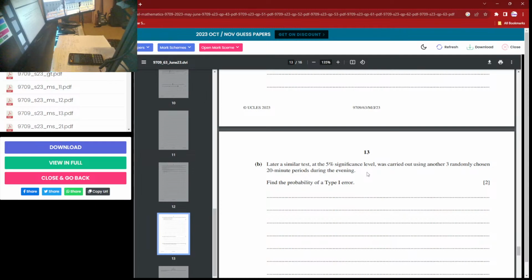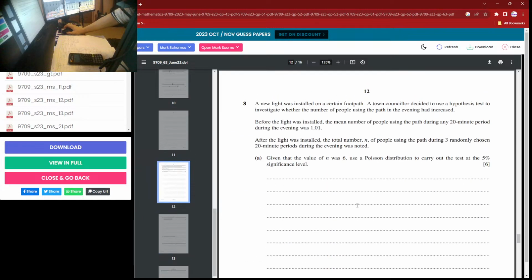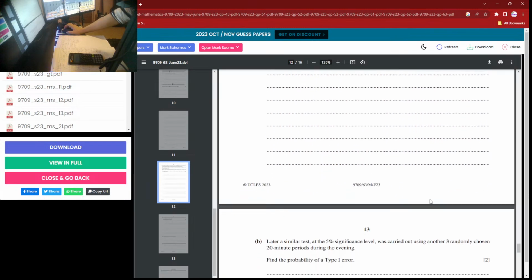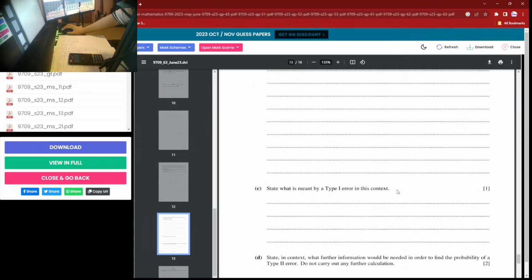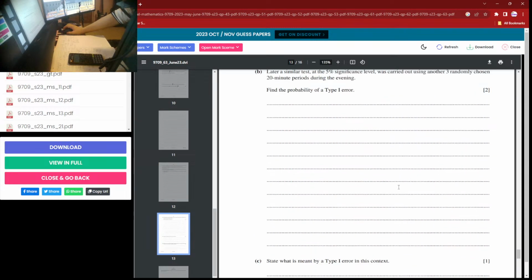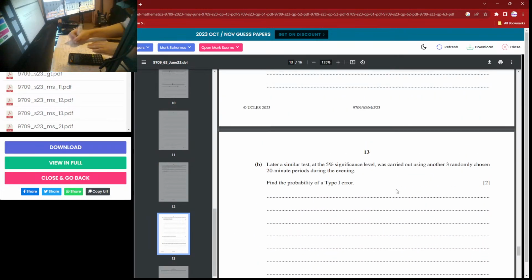So in order to find the probability of a type 1 error, we actually just have to show that it is less than 0.05. So let's try n equals 7.